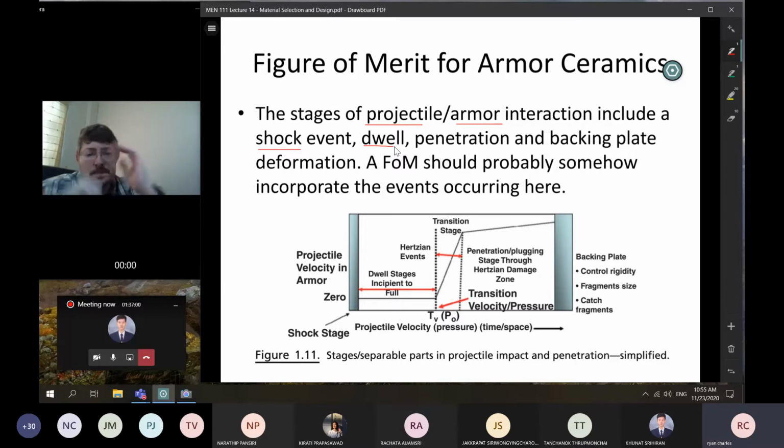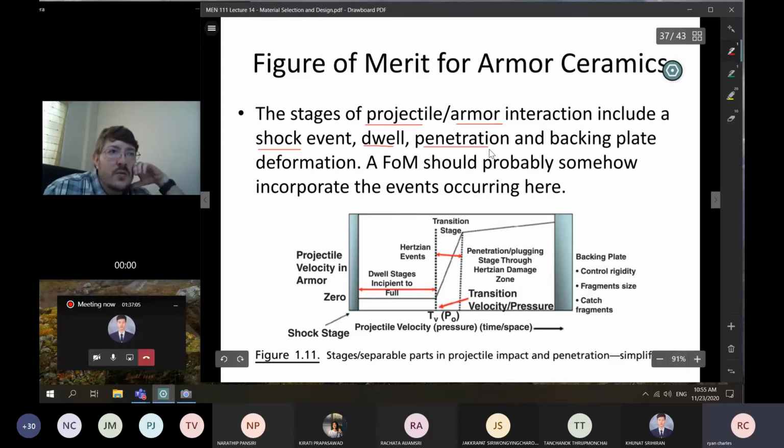That's called dwell. Dwell is actually very important. Eventually it will go through, it will break into the tile, and you'll bend the back plate. Maybe a figure of merit, a material index, should incorporate some of these dynamic events.